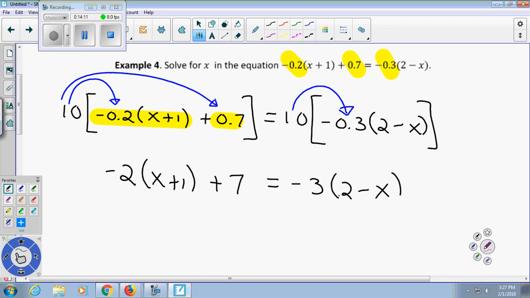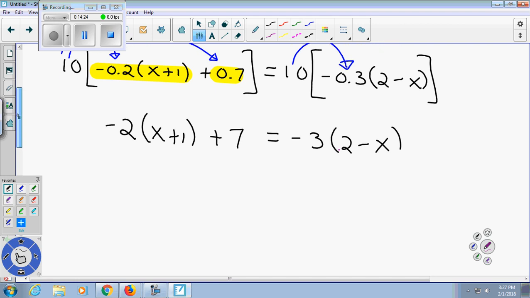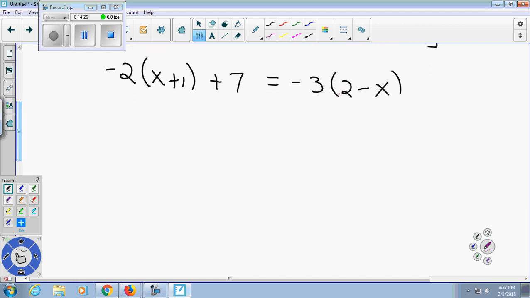So now this problem looks like some of the previous ones we've done. What we're going to do is we'll distribute the -2, we'll distribute the -3, combine like terms, and maybe we'll have to add or subtract things to get x all by itself, but let's go through that. Okay. So distributing the -2, and also distributing the -3, we have -2x minus 2 plus 7.